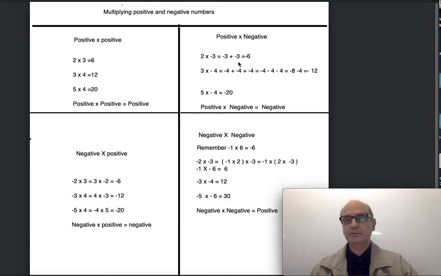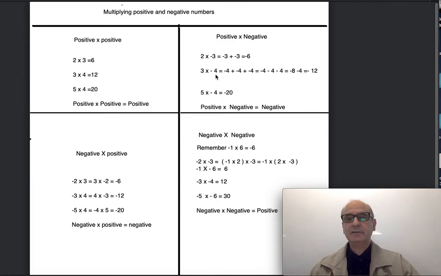And we already learned that minus 3 plus minus 3 is the same as minus 3 minus 3. And that will give us minus 6 if you go by on your number line. If you apply minus 3 on your number line starting from minus 3 and moving to the left by 3, it will give you minus 6.